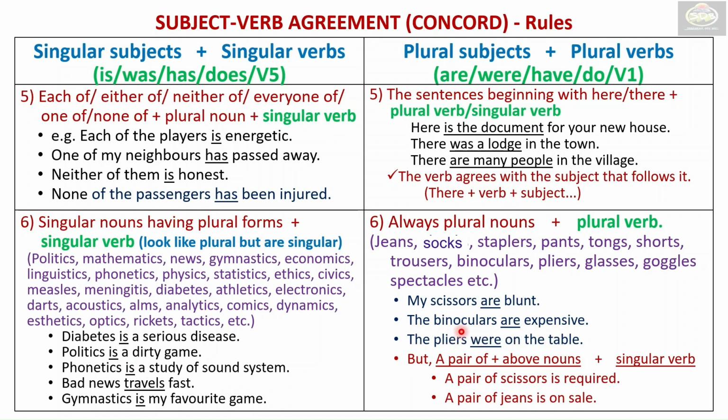We cannot make it singular because it is already plural in its physical structure. The binoculars are expensive. The pliers were on the table. Jeans are on sale. A pair of jeans is on sale. In this way, we have to use.